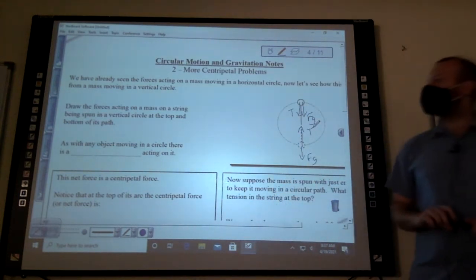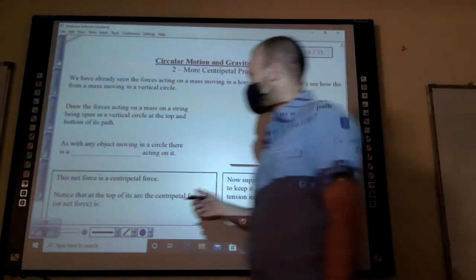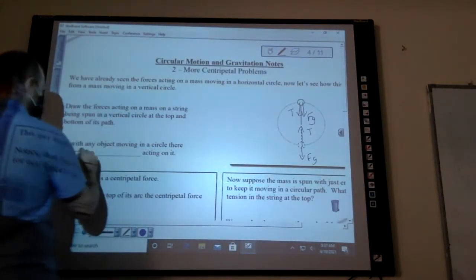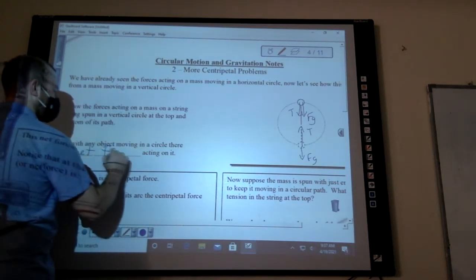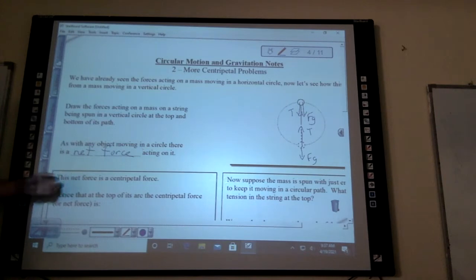So as with any object moving in a circle, there is a net force acting in this case. As I said yesterday, the net force is what our centripetal force is. Force centripetal is just the net force towards the center of a circle.